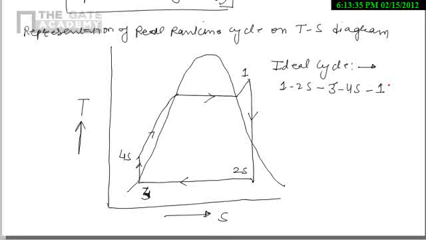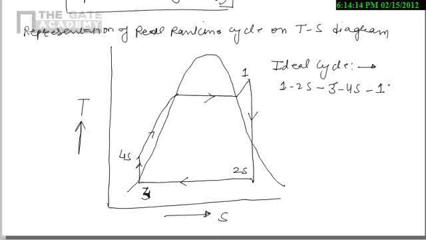But what is happening here? Here we are using piping connections for passing steam or water from one place to another, so there will be a piping loss. And in isentropic expansion and isentropic compression processes, there will be no entropy change. It means we are considering reversible processes for the ideal Rankine cycle, but in reality there will be irreversibility due to external or internal irreversibility, so the entropy will increase.